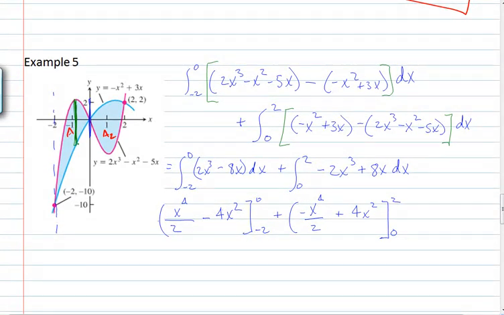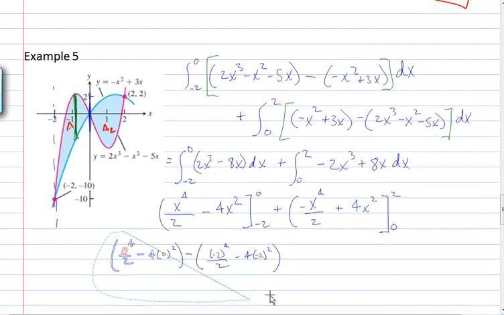When we plug in a 0, I'm going to do as much of the arithmetic in my head as I can. I guess I should show every step. This is 0 to the 4th over 2 minus 4 times 0 squared. That's your upper bound. Minus the lower bound. So it's going to be the lower bound to the 4th over 2 minus 4 times the lower bound squared. Lower bound here was negative 2.